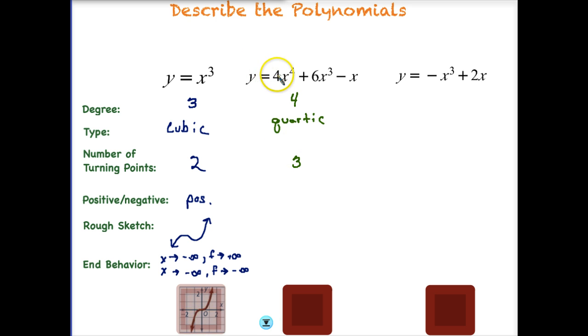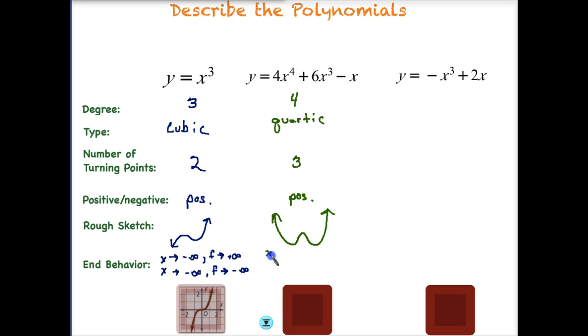Again, let's look at our leading coefficient. That's positive. So our graph is going to be positive, which means it will open up. So if we do a rough sketch, I've got to have 3 turning points in here. So I'm going to go 1, 2, 3, something like that. It opens up. It's positive. I've got my 3 turning points.